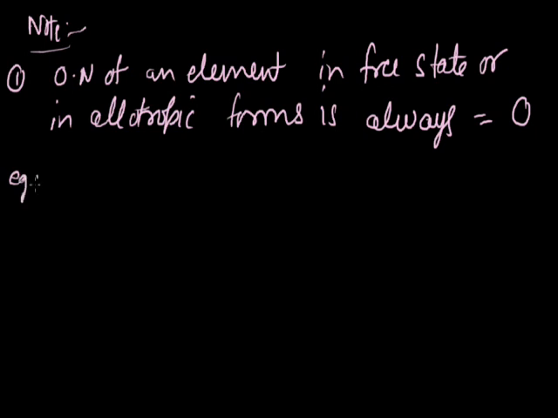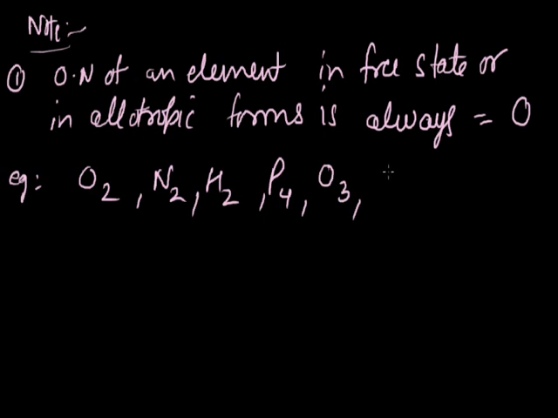For example, in case of O2, that is the elemental form of oxygen, P4, that is a molecule of phosphorus in its elemental form, O3, that is a molecule of ozone in its elemental form, and S8, that is a molecule of sulfur in its elemental form. So in all of these cases, the oxidation number will be equal to 0.